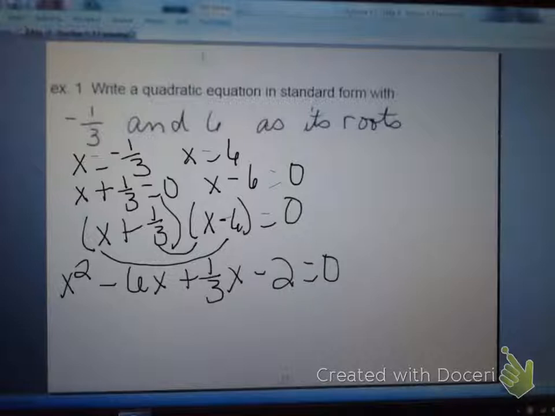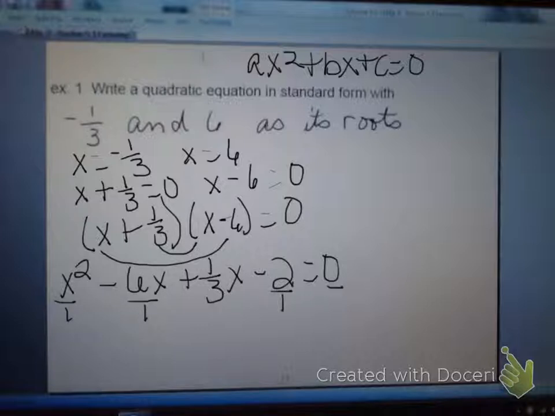Now remember, in standard form, you cannot have fractions. So I have to clear my fractions. I'm going to put this over 1, this over 1, and 2 over 1, and 0 over 1. My least common denominator is 3. So I'm going to multiply each term by 3.